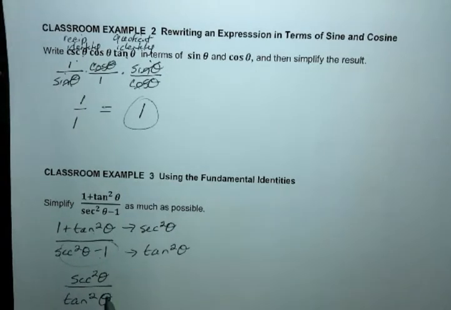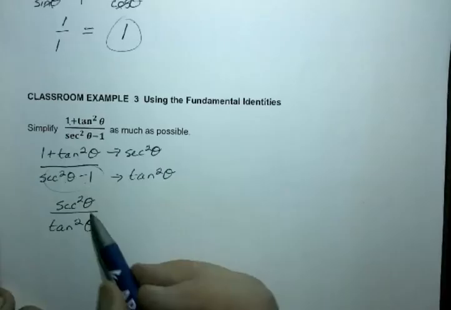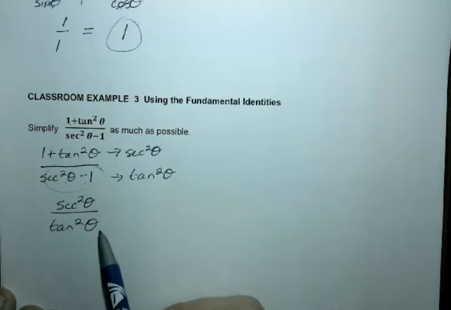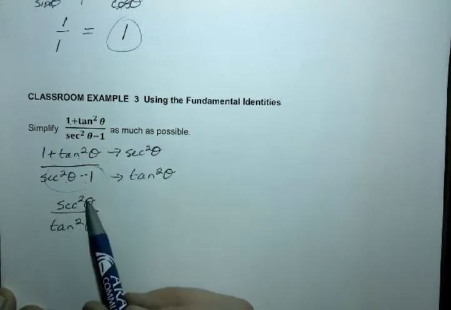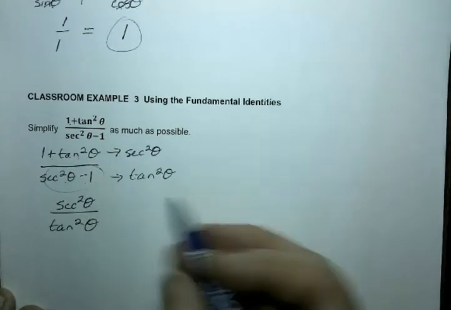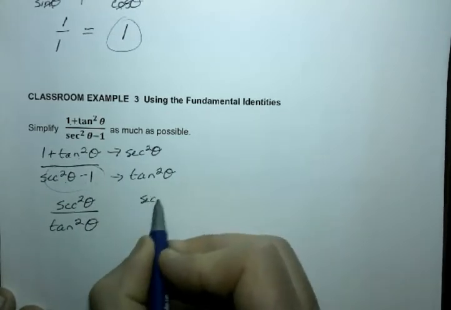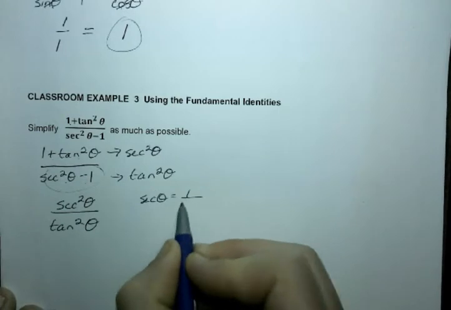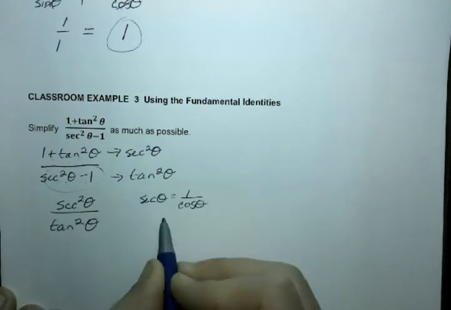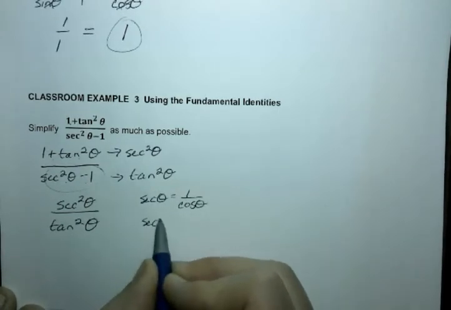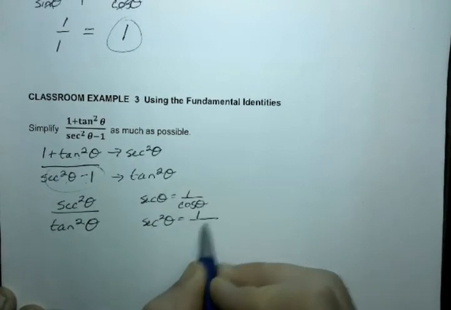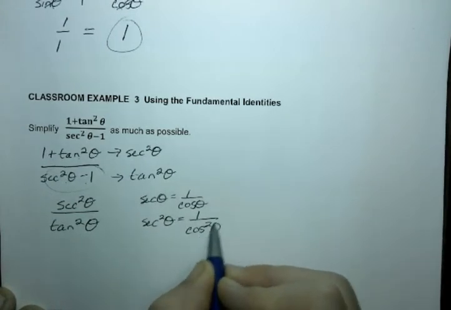Now, another thing that we could do with this, if we're still trying to simplify, is that we could rewrite each of these in terms of sine and cosine. Our reciprocal identities and our quotient identities just deal with the functions, not the functions squared. But we can still use these. For example, if secant of theta is equal to 1 over cosine theta, that also means that secant squared theta would equal 1 over cosine squared theta.